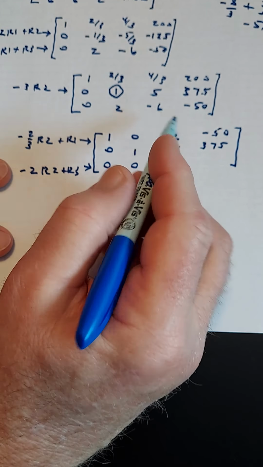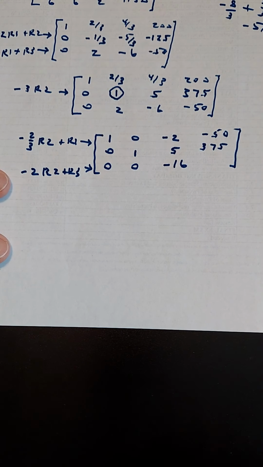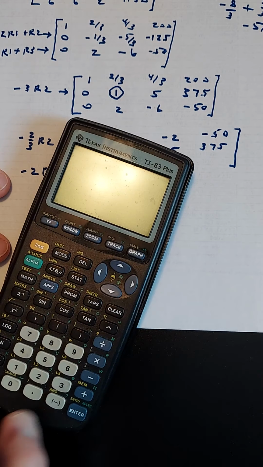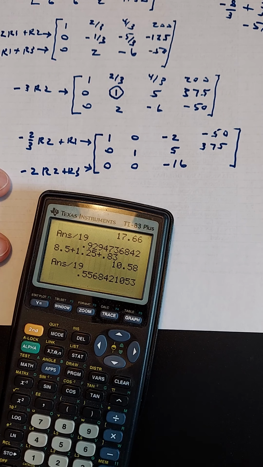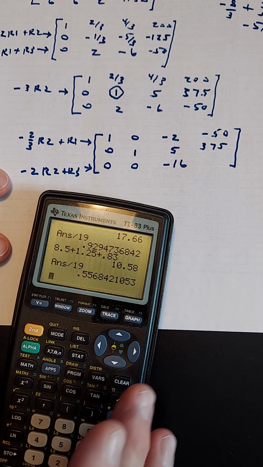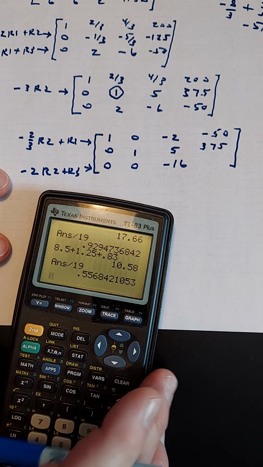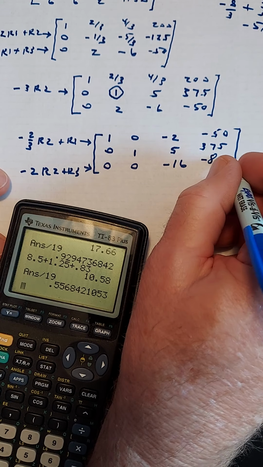Okay, and then we're going to have negative 2 times 375. Well, that's 750. Negative 750. Negative 750 and negative 50 become negative 800.